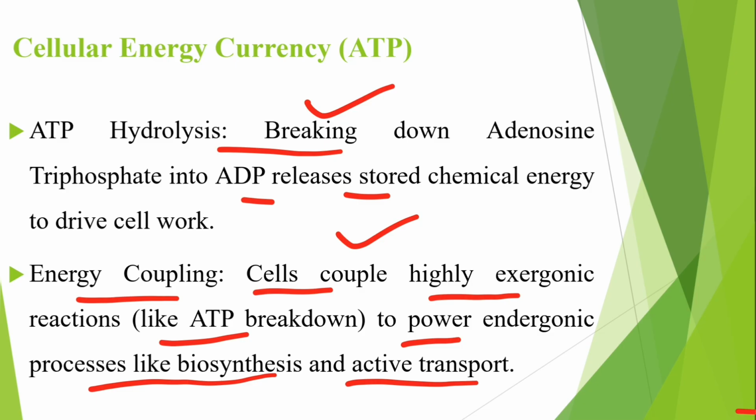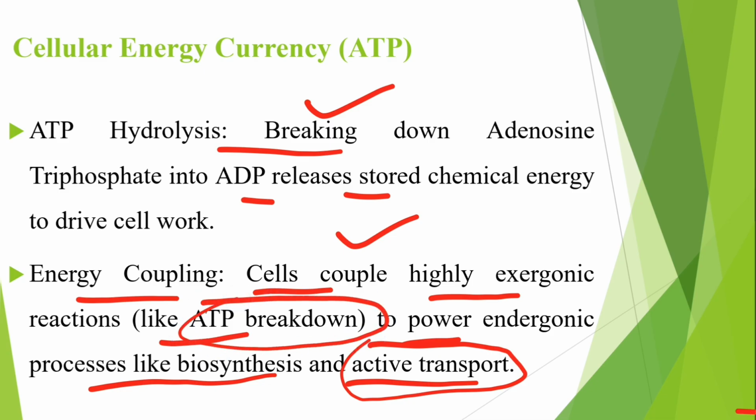Passive transport takes place along the concentration gradient. And facilitated transport takes place by using protein channels which help in the transportation process. So during active transportation, it requires energy, and that energy is provided by ATP breakdown.